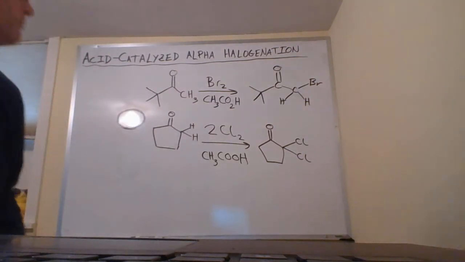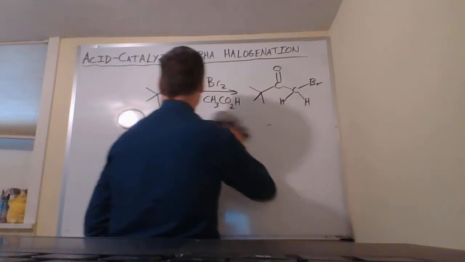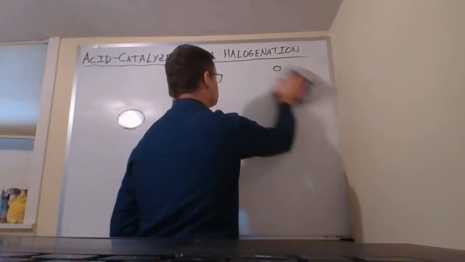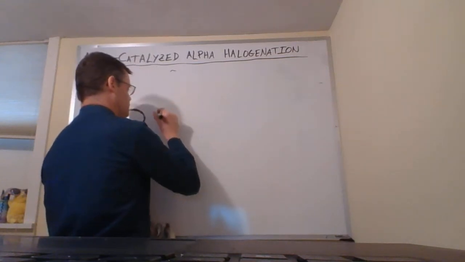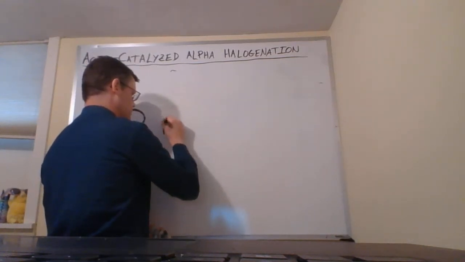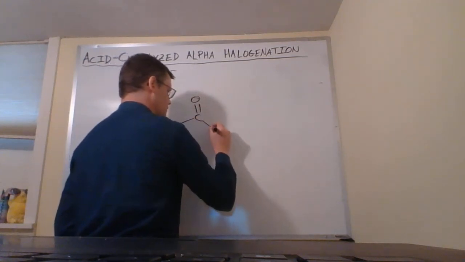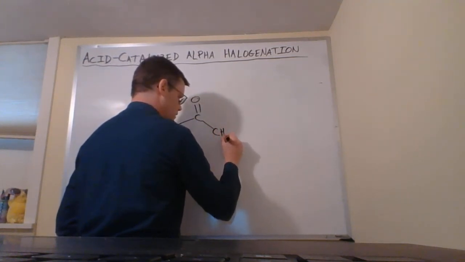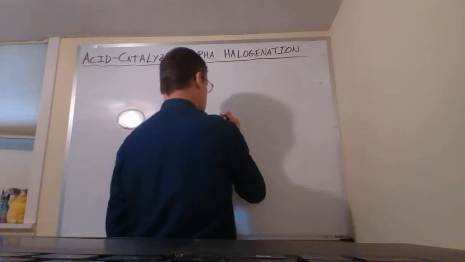Okay, let me show you one more, and then we'll look at the mechanism of that one. We could have a benzene ring on one side. Okay, so we could have acetophenone.